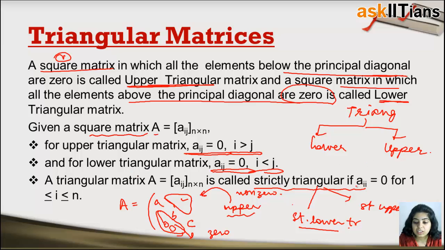Strictly means just if aii equal to 0 for every i. aii equal to 0 means the diagonal elements are also 0. As I explained in this example, instead of a, b, c, if we have 0, 0, 0, all these zeros and any kind of elements over here, this will be a strictly upper triangular matrix.